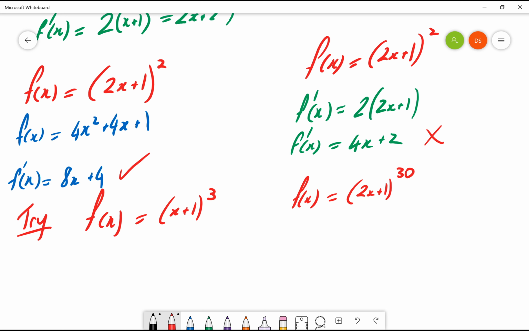Is expanding still the best method? I'm going to give you about 30 seconds to decide whether you want to expand it. And if you do want to expand it, comment, let's expand. And if you don't, say why expanding would be a terrible idea.